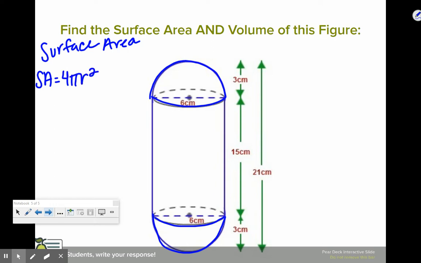Then we have the cylinder. Now you have to think back to the surface area of a cylinder, and that was from chapter 8, I believe. For the surface area of a cylinder, we had the top and the bottom. We had 2 pi r squared because we had 2 circles, the top and the bottom. And then we had the inside part, which was 2 pi r times the height.